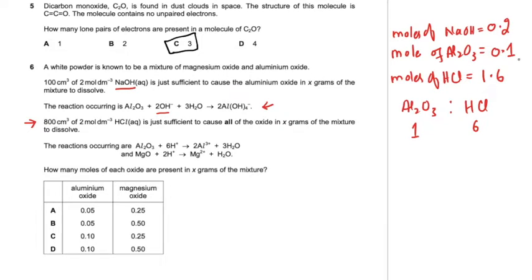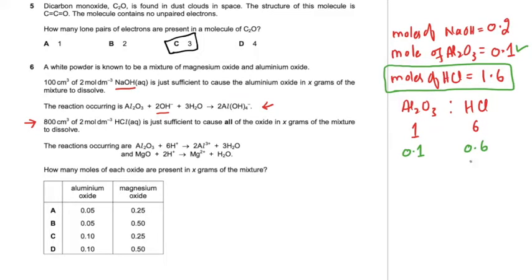How many moles of aluminum oxide are present? 0.1. For 0.1 mole of aluminum oxide, 0.6 moles of HCl will be used. So the total moles of HCl is 1.6, and out of 1.6, 0.6 moles of HCl is consumed with Al2O3.